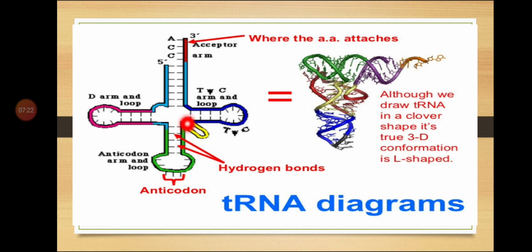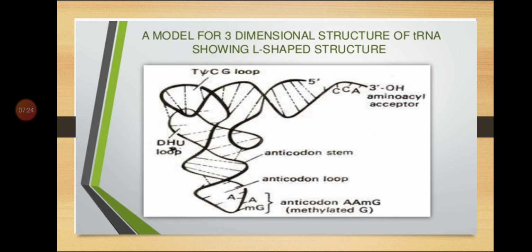This is the two-dimensional structure. When I say three-dimensional structure, the same 3 loops are there: T-Psi-C loop, DHU loop, anticodon loop. So this is the three-dimensional structure of a tRNA. So that's all with the structure of tRNA. Thank you.